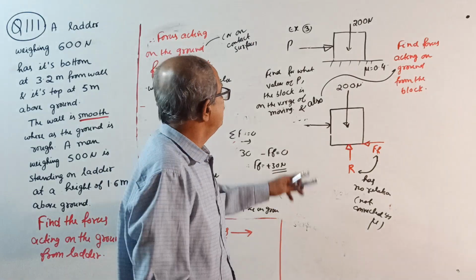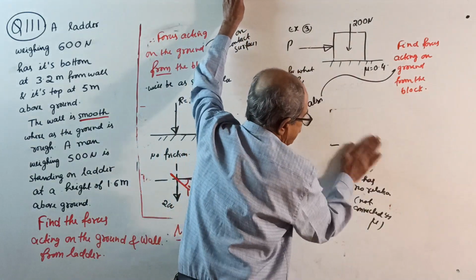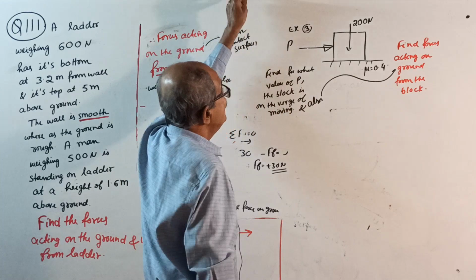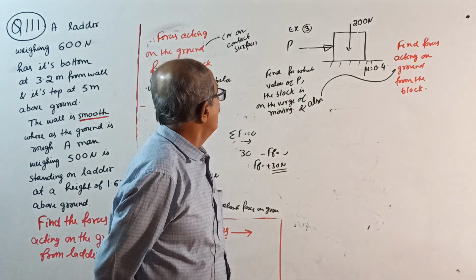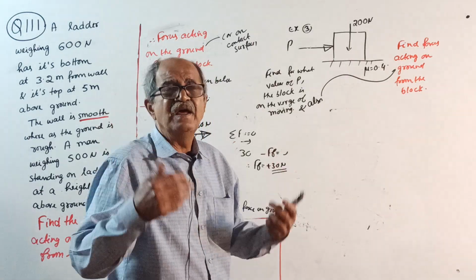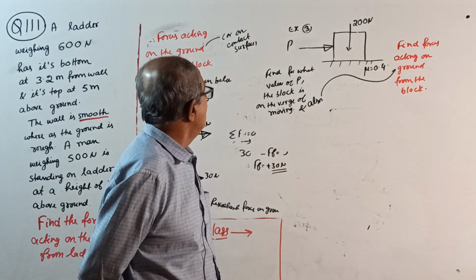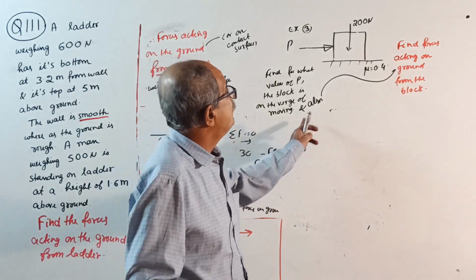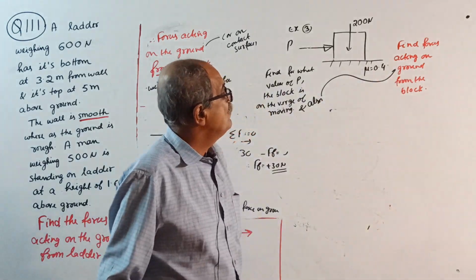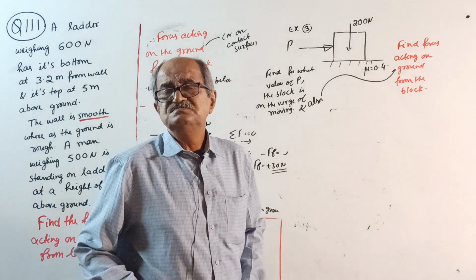So the question is, see, now be careful. Find for what value of P the block is on the verge of moving. This we have solved earlier. For what value of P the block is on the verge of moving, and also find the forces acting on the ground from the block. This is the question.